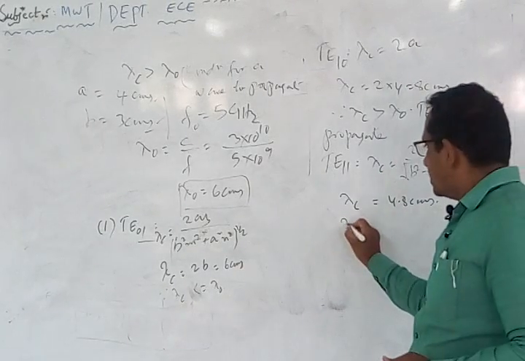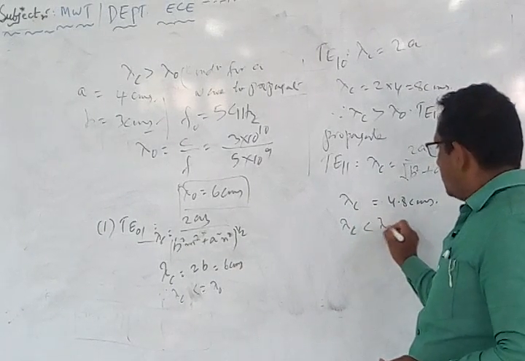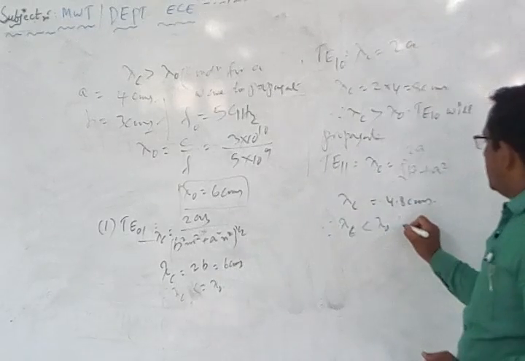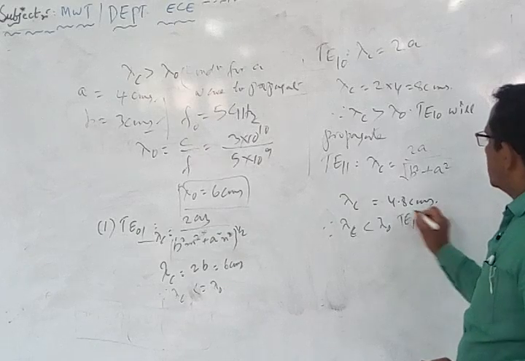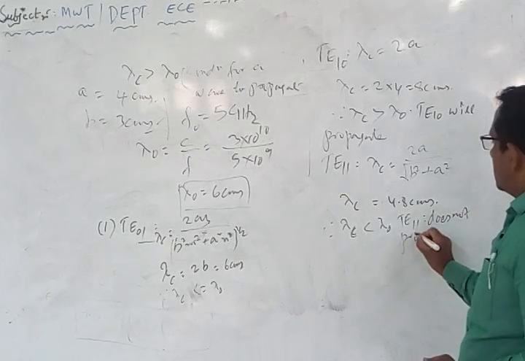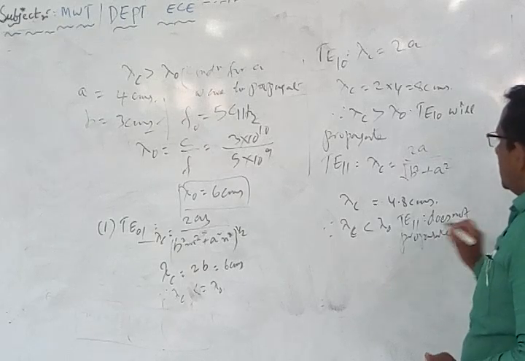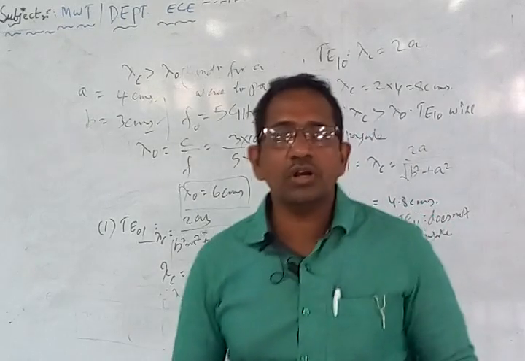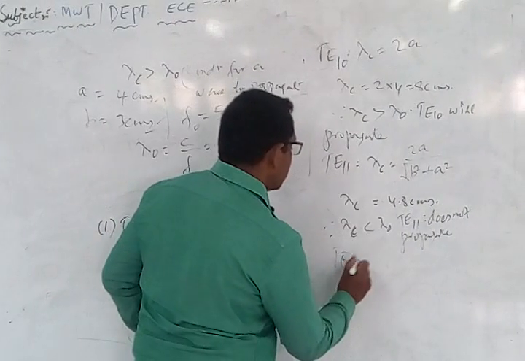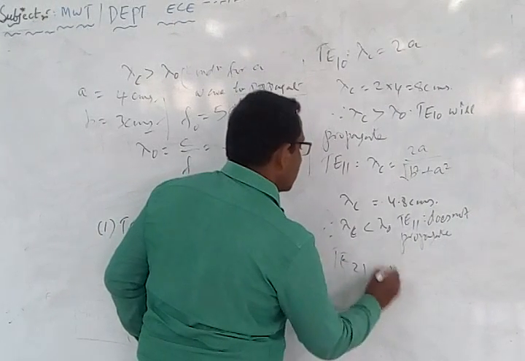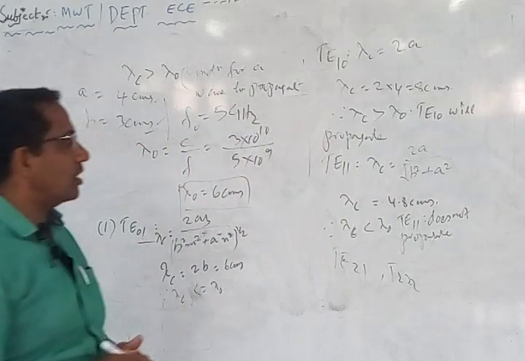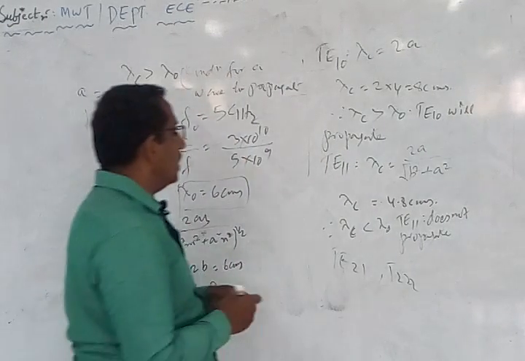Here lambda c is less than lambda naught, so TE11 does not propagate. When the TE11 mode itself is not propagating, the higher order modes like TE21 and TE22 are also not going to propagate. Let us look into TE20.